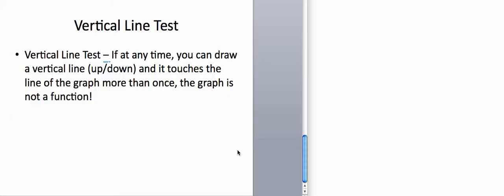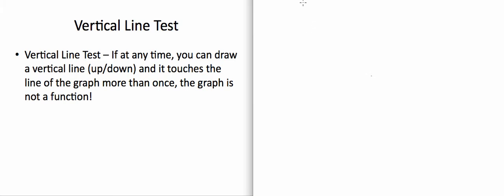The last thing we're going to talk about is the vertical line test. And with the vertical line test we're looking at graphs. So there's the coordinate plane. We're looking at, let's say, a graph that looks like this. A nice shaped line there. And then we'll give you a second graph down here on the bottom.